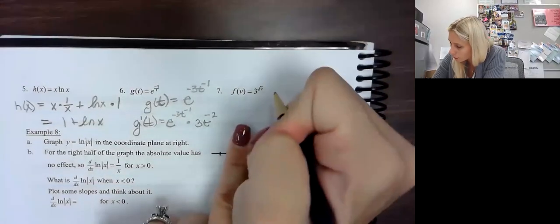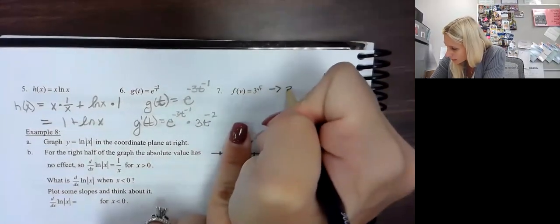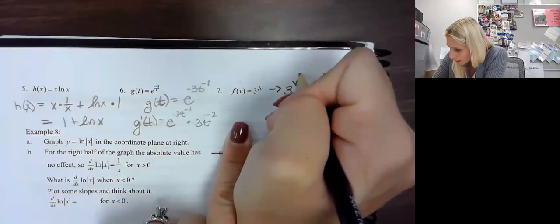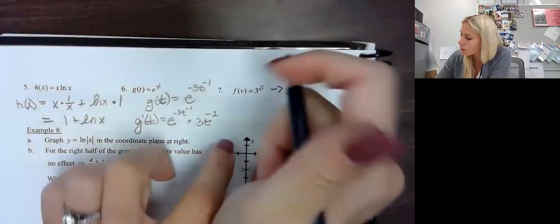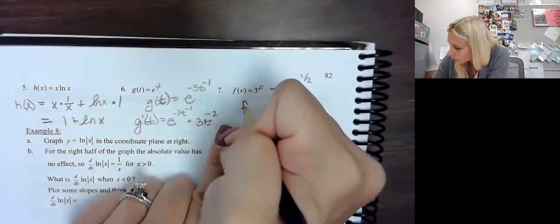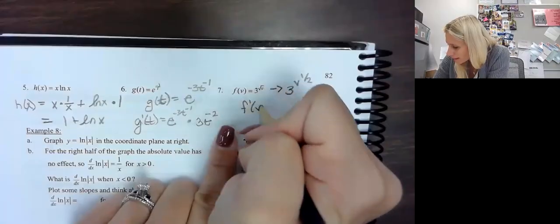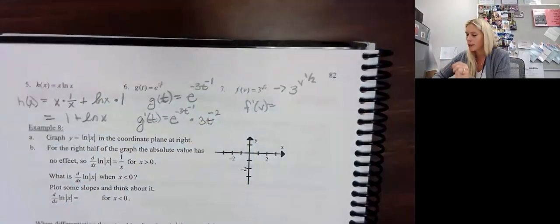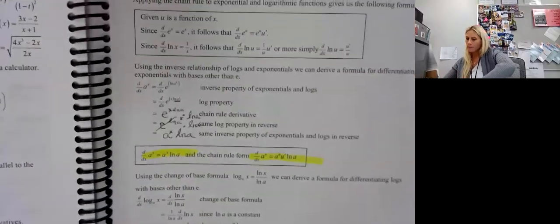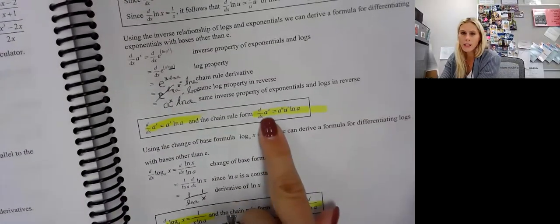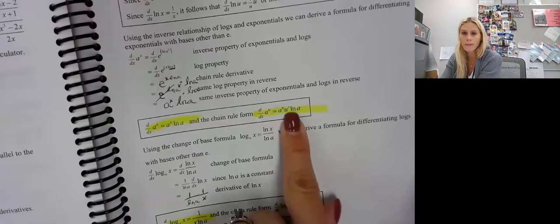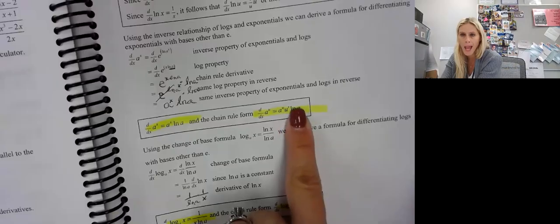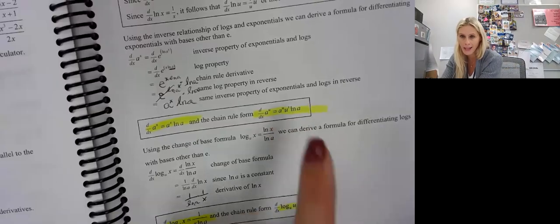All right, I'm going to rearrange this again. So this is 3 to the v to the 1/2. Okay, so this is one of our rules from before, right? So many of you might say, wait a second, I don't have that memorized yet. So go back to the other page. Remember, a to the u, so we keep a to the u, we do the derivative of the exponent, and then times ln of a.